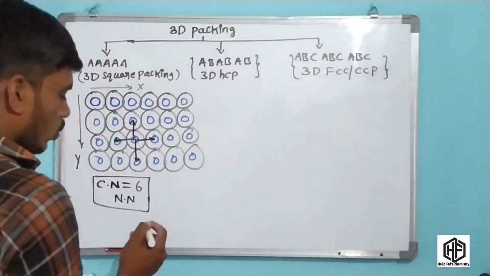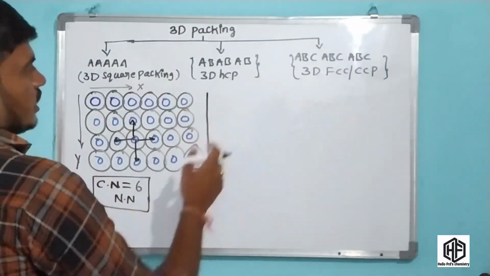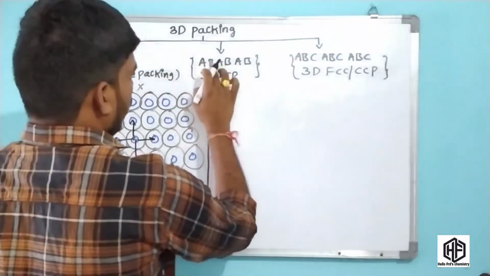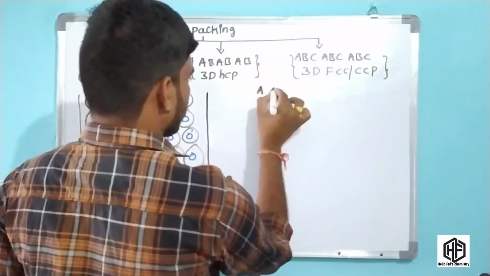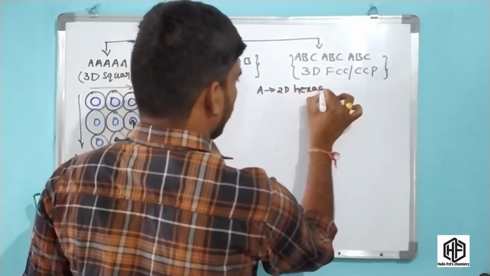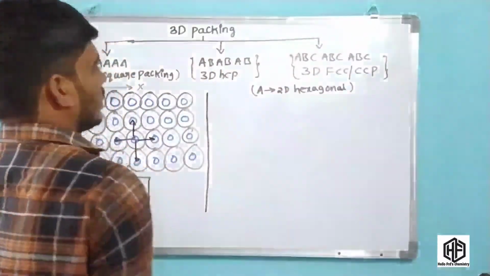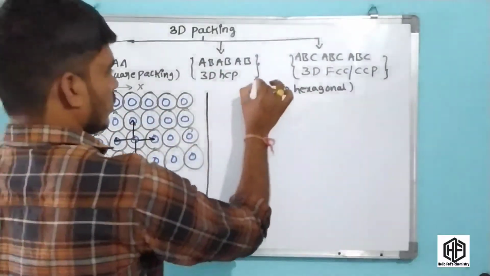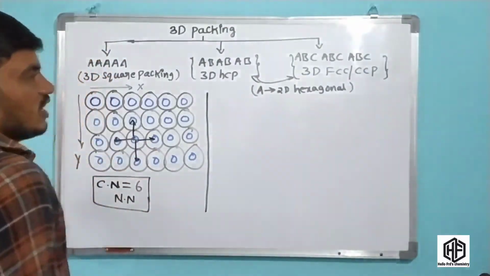In these two cases, the AB type and the ABC type, this A represents the two dimensional hexagonal close packing.